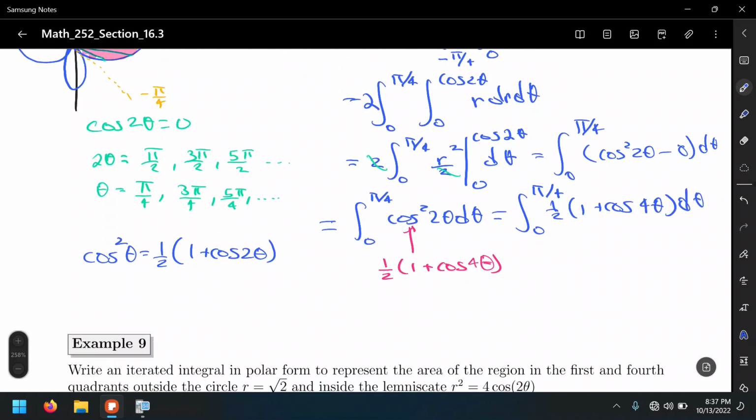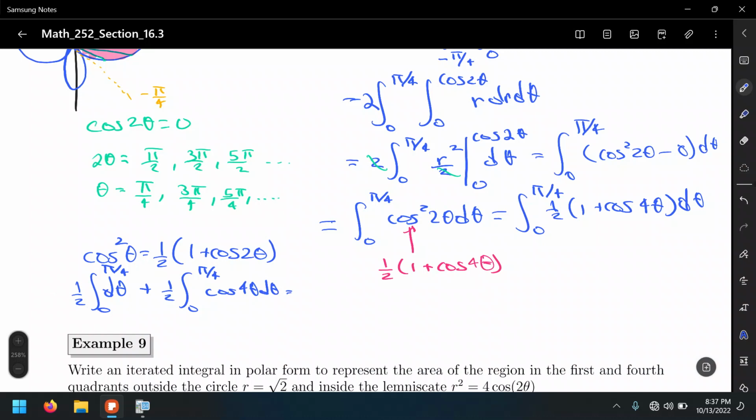And we can go about writing a couple of integrals. Number one, 1/2 the integral of d theta from 0 to pi over 4, and 1/2 the integral of cosine 4 theta.